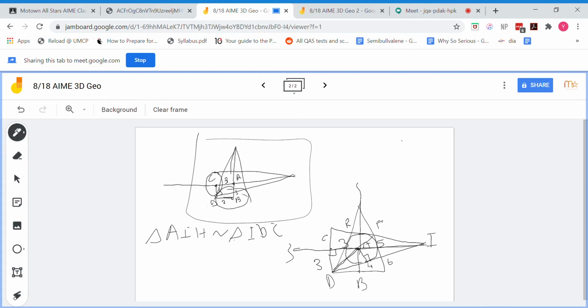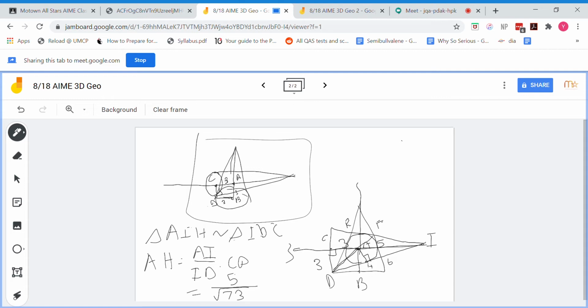And so AH equals AI over ID times CD. And so AI equals 5. ID equals square root of 73, right?